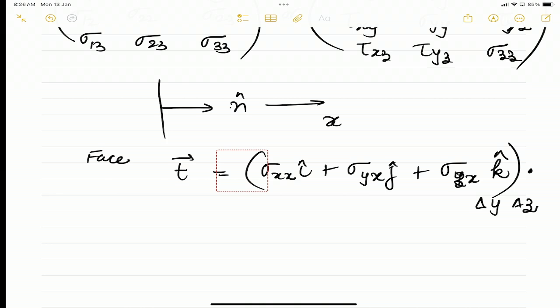The surface force on an x face will be equal to sigma xx i plus sigma yx j, which is the same as tau yx, plus sigma zx k, multiplied by the area, and the area will be equal to delta y times delta z.